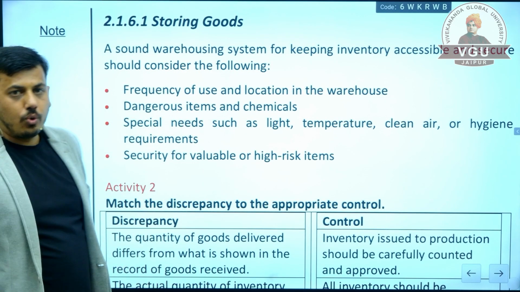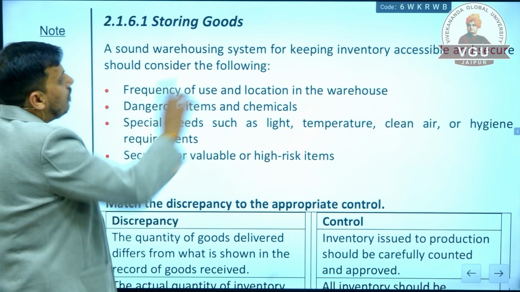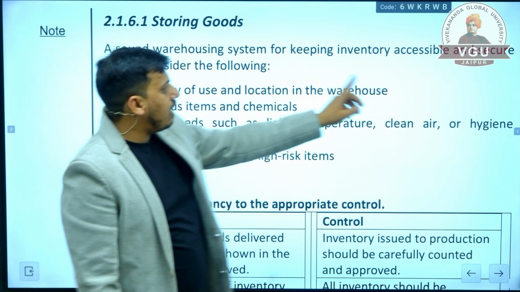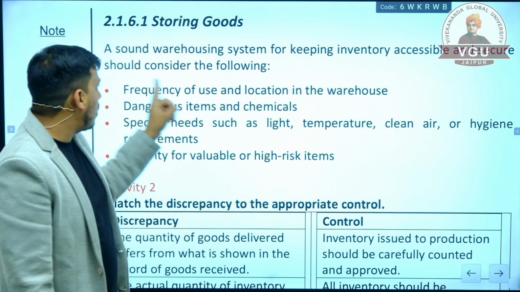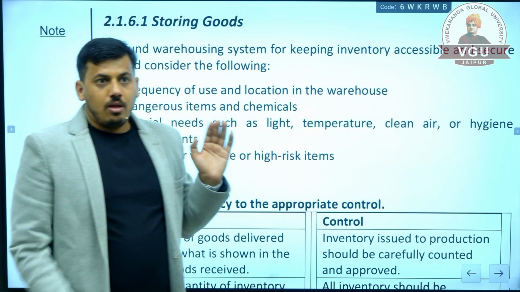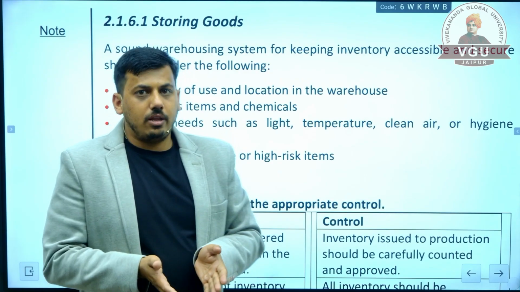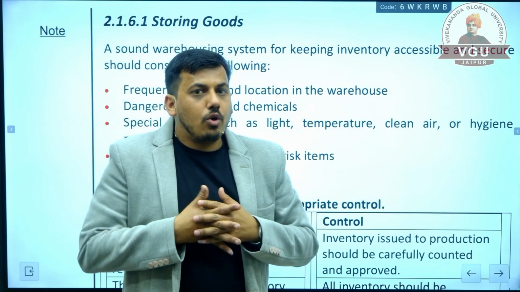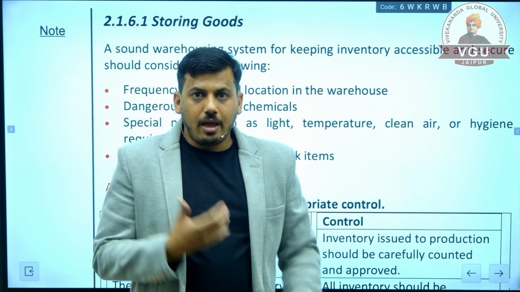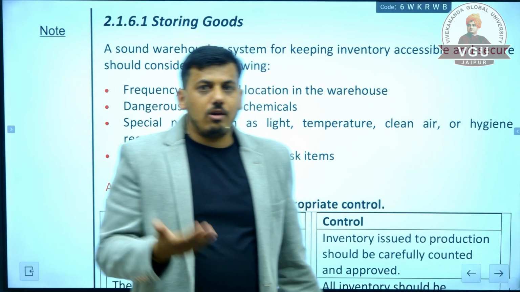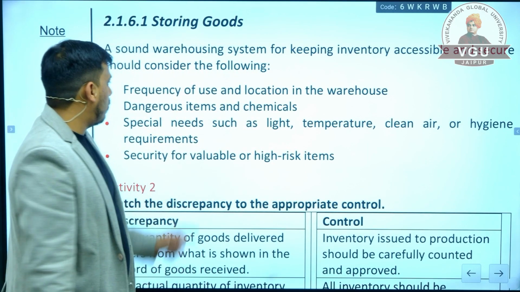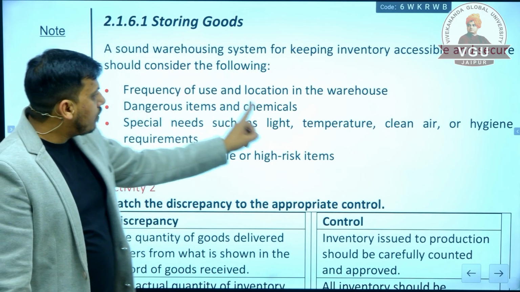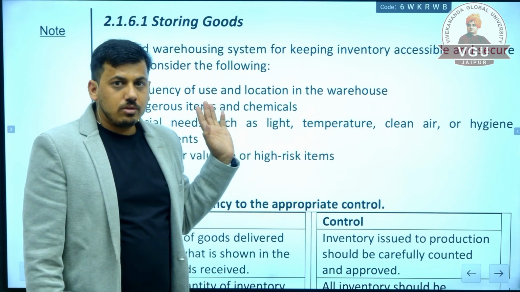Next one is storing goods. A sound warehouse system for keeping inventory accessible and secure should consider the following. Whenever you are storing your material, there should be good warehouse conditions, and for that these points should be followed. First one, frequency of use and location in the warehouse.